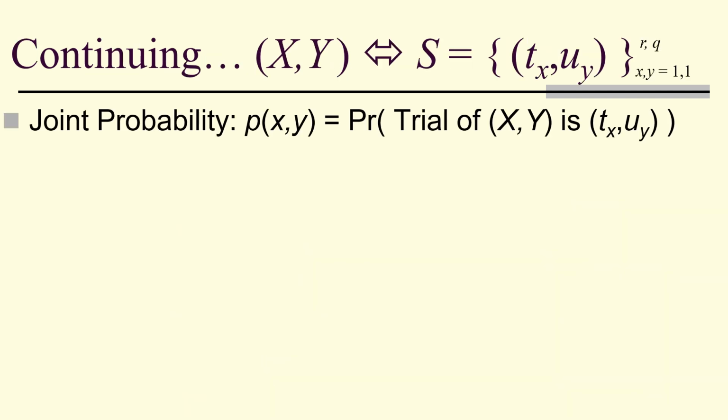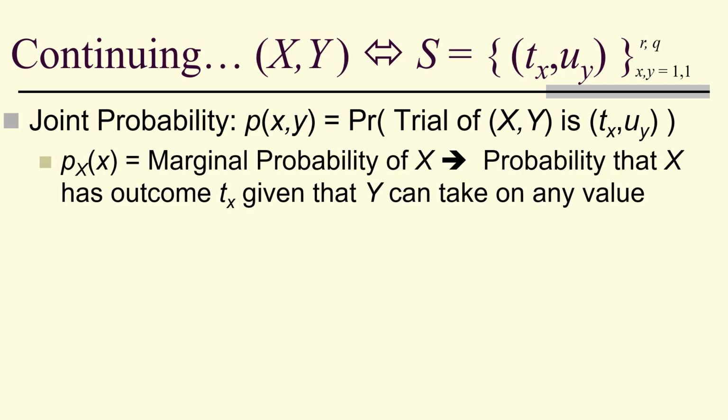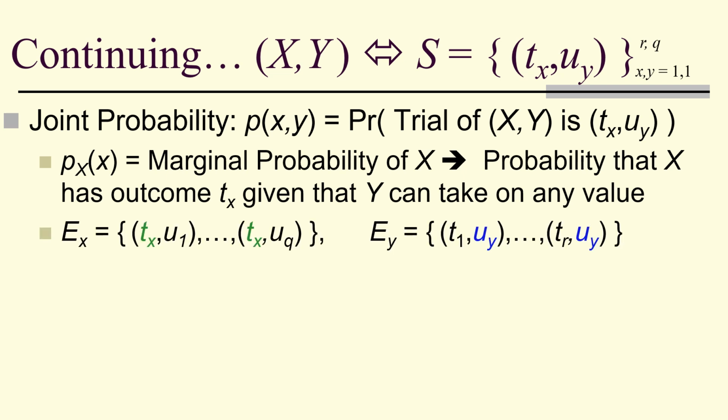So, joint probability is the probability that in the trial of capital XY, we get T sub lowercase x, U sub lowercase y. We say the marginal probability of x is the probability that X has outcome T sub x, given that Y can take any value, denoted by P sub capital X of x.